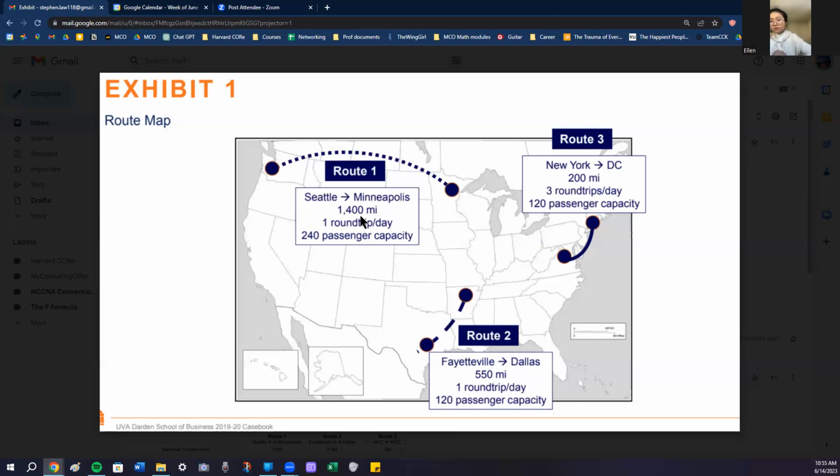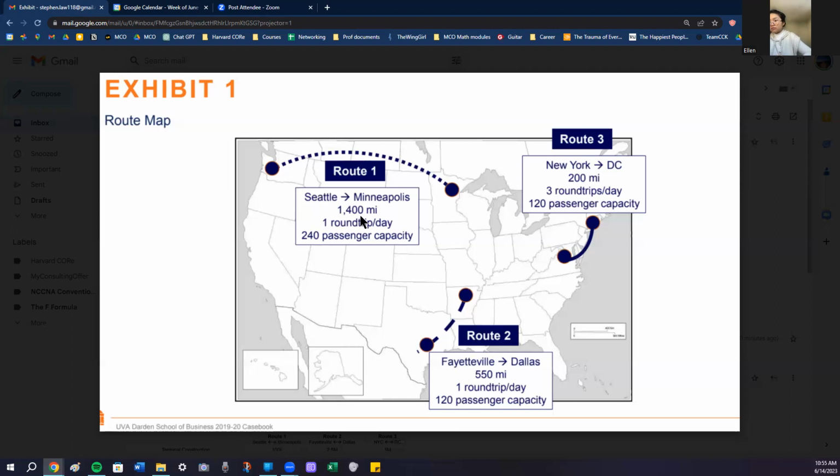For the second route, we have the 120 seats times 1,200 miles. So I'm going to multiply 1,200 miles by 100, and then add another 20.